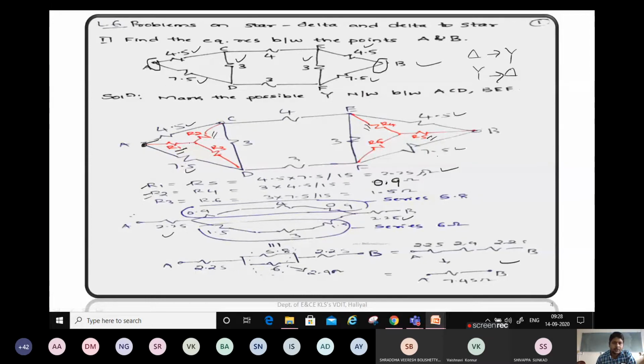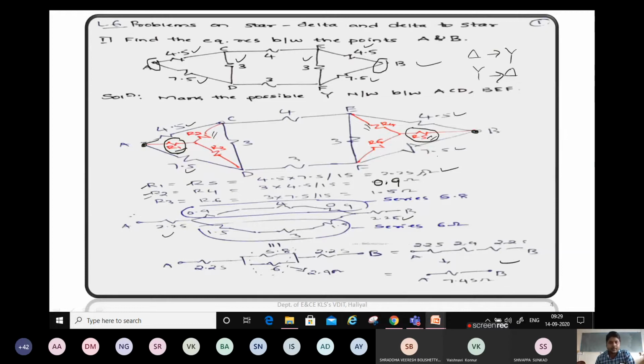Similarly, on the other side, look at R5, which is connected to point B. Here again the same thing: 7.5 on the downside, and on the upper side we have 4.5 ohms.